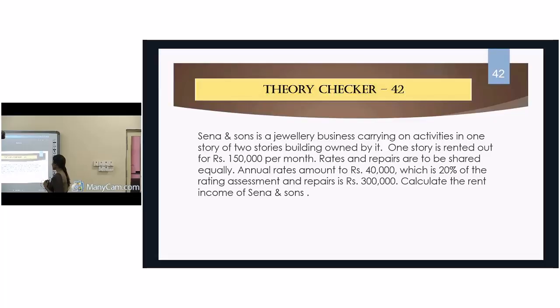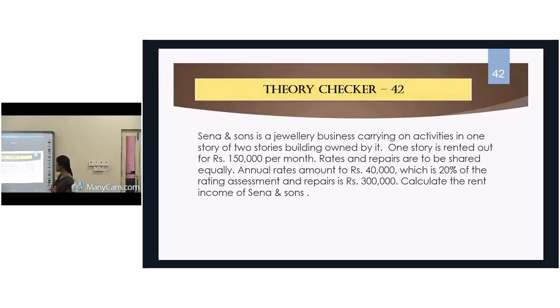Rates and repairs are to be shared equally. Annual rates amount to 40,000, which is 20% of the rating assessment, and the repairs amount to 300,000. Calculate the rent income of Sen & Sons.